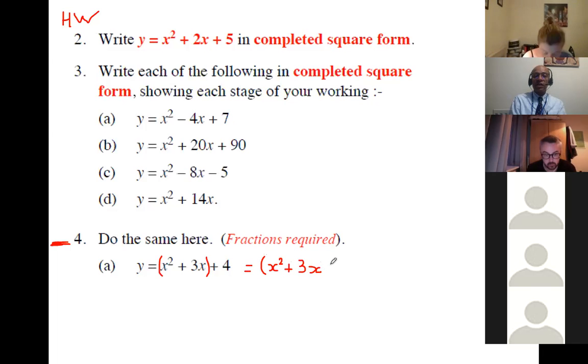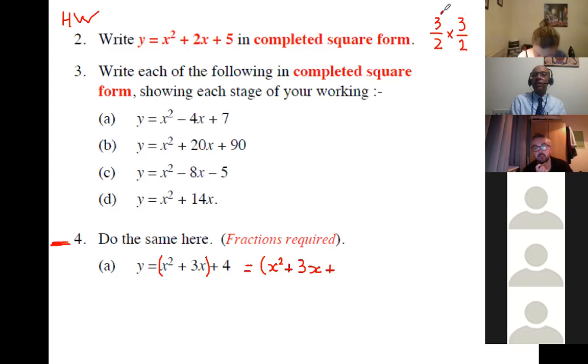What's 3 divided by 2 squared? So basically I have 3 divided by 2 times 3 divided by 2. What did we say about fractions when we times them?